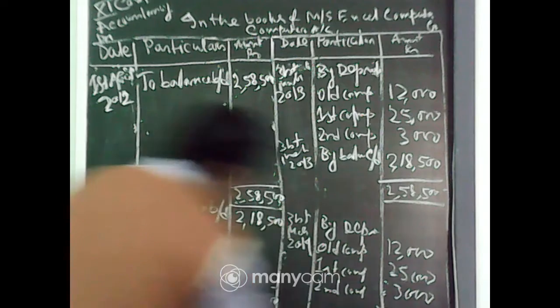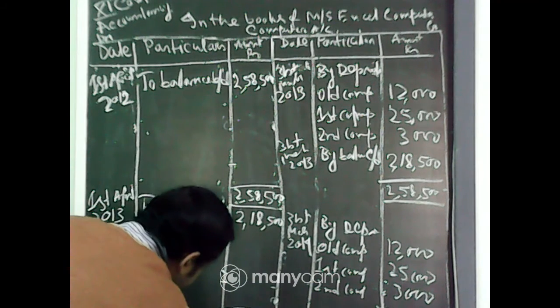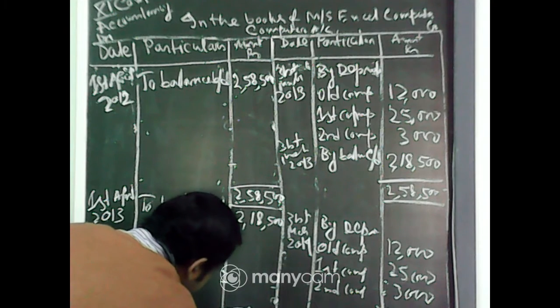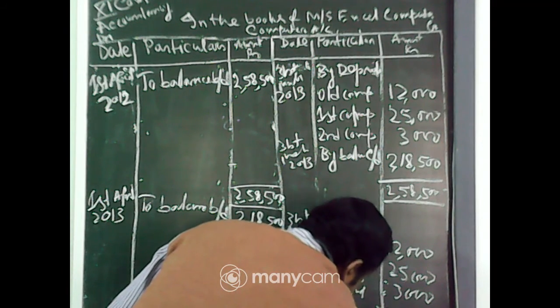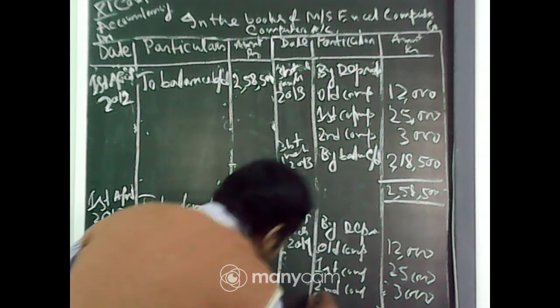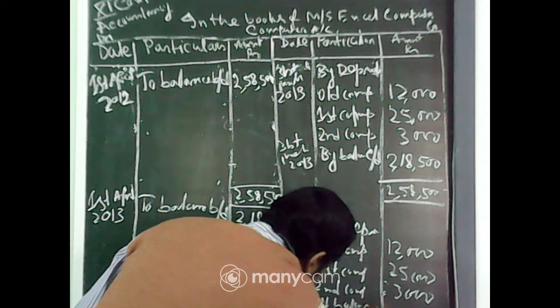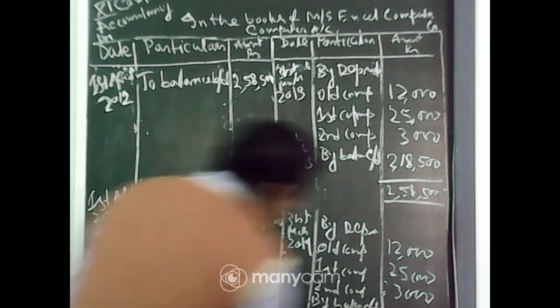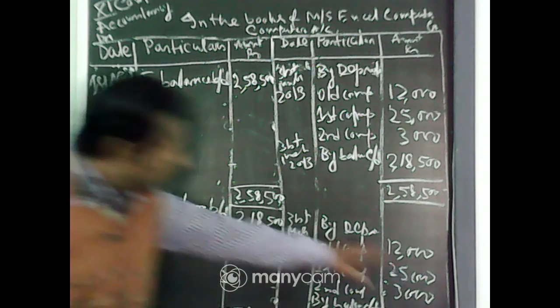Again we have to close this year's ledger. So 2,18,500 on the debit side will be more, both sides we will write 2,18,500, and the less portion, that is by balance c/d, we have to make up. C/d means carried down. What will be the balance? From this we have to deduct this amount.